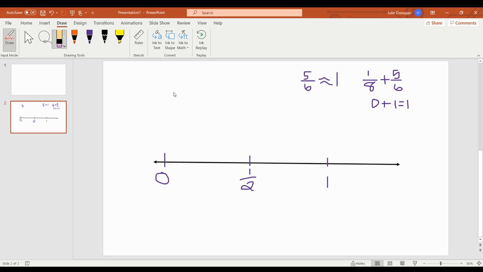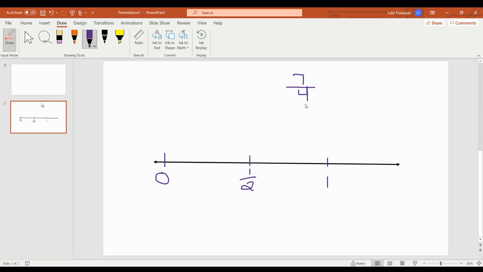If someone were to say that they wanted to know what fraction 7/4 was closest to, okay, we would have to estimate.